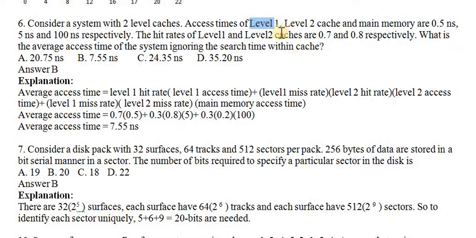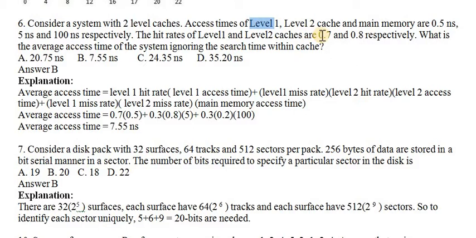The percentage of data present in level 1 cache, the hit rate, is among 100, 70% available, that is 0.7. Like that, the data needed by the CPU present in level 2 cache is 0.8, which means 80% hit ratio.